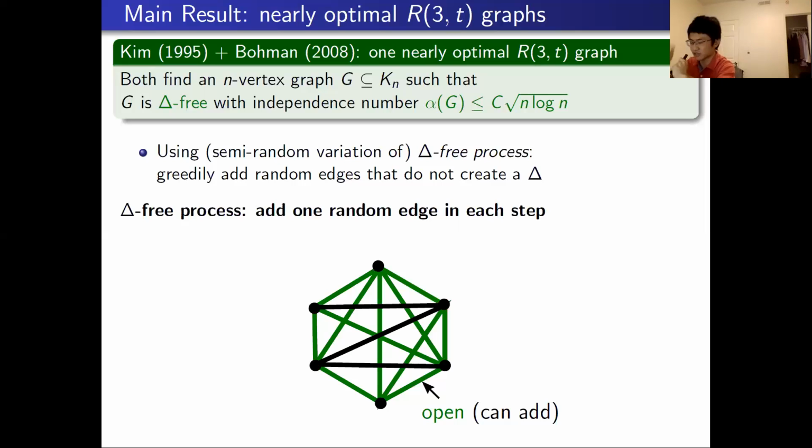Yeah, so generally speaking, maybe we choose each edge with some probability, so that we choose many edges actually. Okay, cool, thanks.